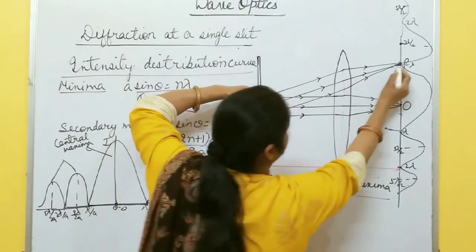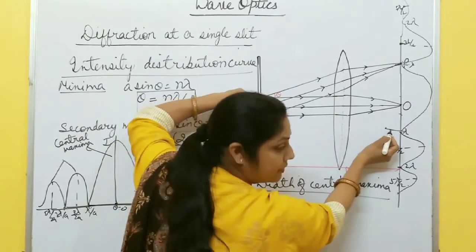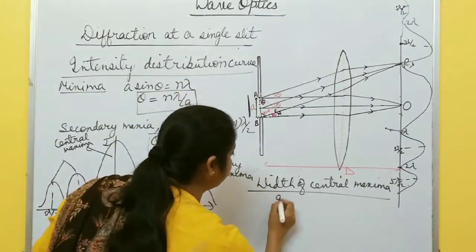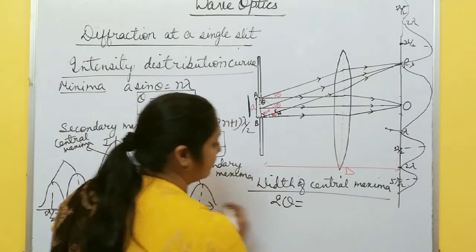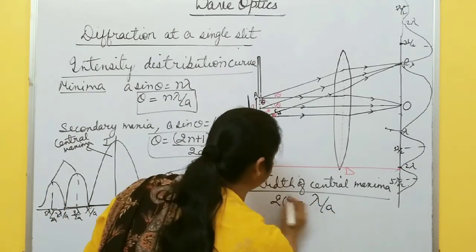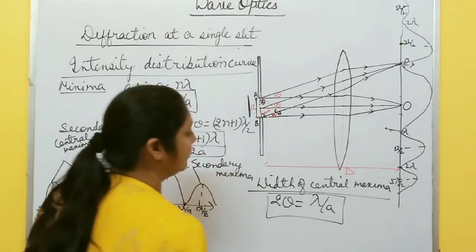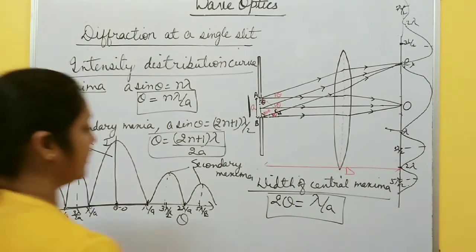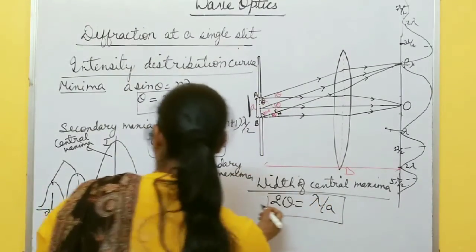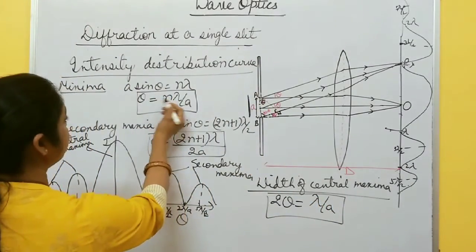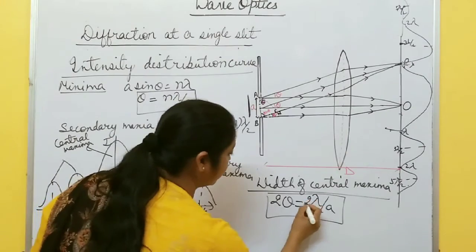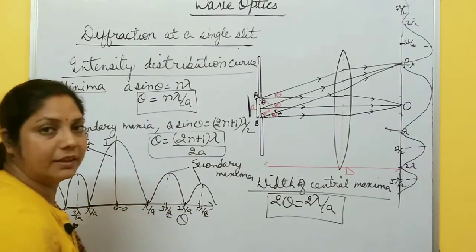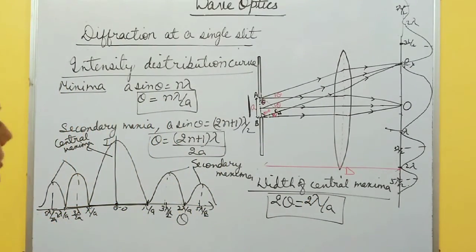This one is the angle theta, and again on the other side the angle theta. So 2 theta is the width of central maxima. Theta is lambda by a, so 2 theta is 2 lambda by a. Use this formula when you solve numericals. Just take a screenshot of this.